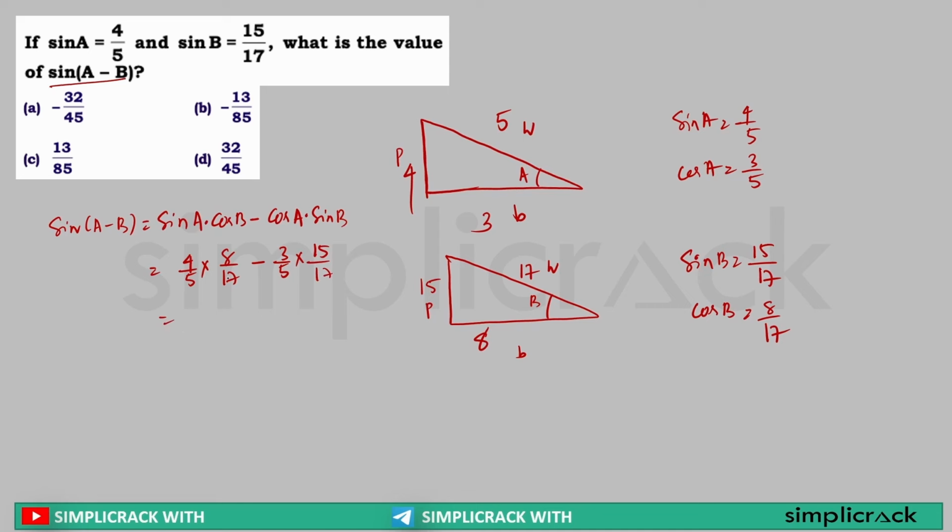Yes. 17 into 5 is 85, 17 into 5 is 85. So this is 85, 8 into 4, 32, minus 15 into 3, 45. Now the answer will be 32 minus 45 over 85, which is equal to minus 13 by 85. Answer option B. Clear? You understand the approach over here?